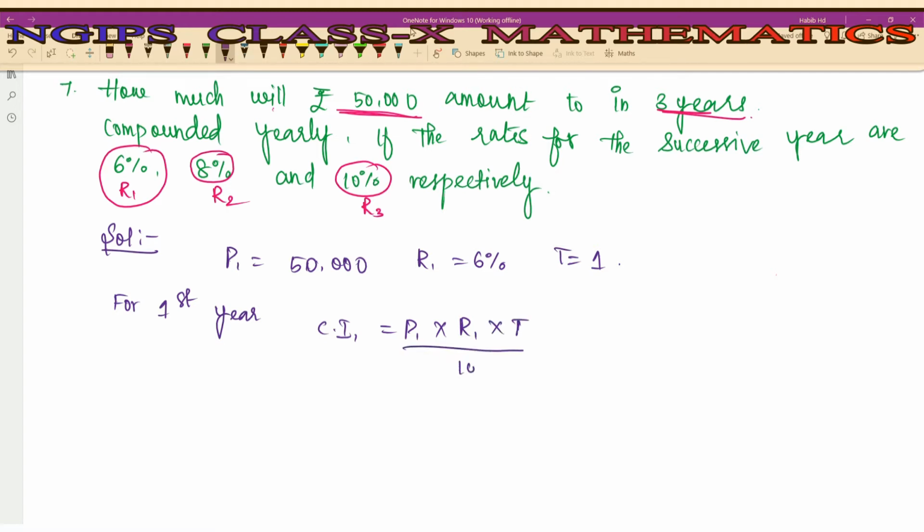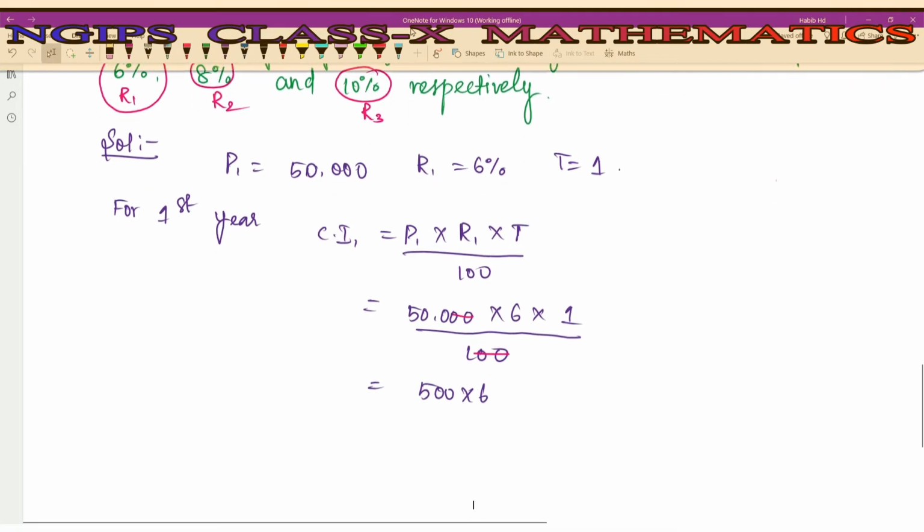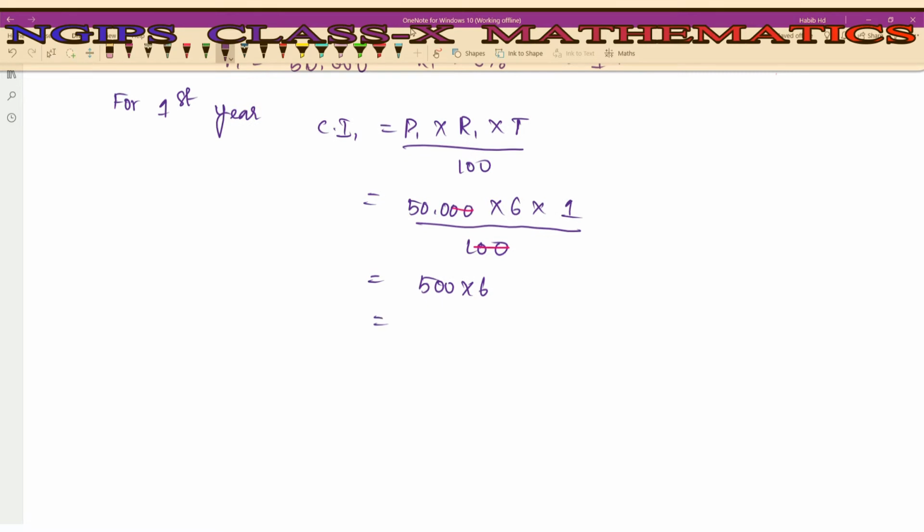So the principal we have 50,000 into rate 6%, time period 1, divided by 100. Now 2 zeros and 2 zeros get cancelled. The leftover is 500 into 6, which is 5 into 6, 30, followed by 2 zeros, so 3000 we got. So this is the compound interest for the first year.